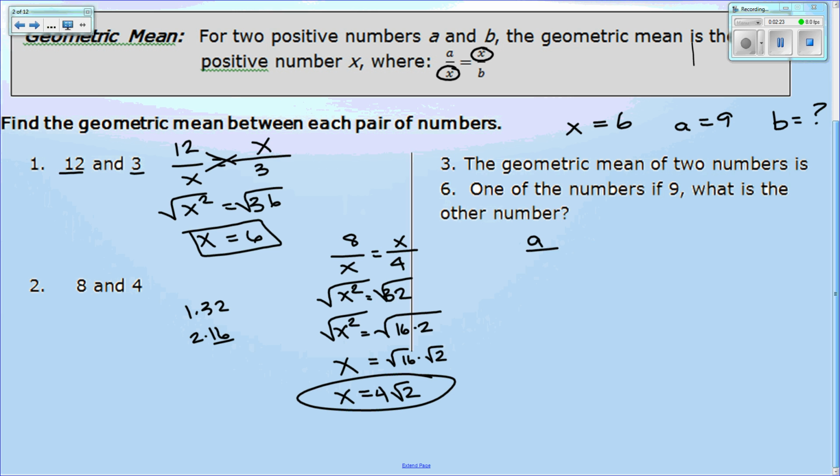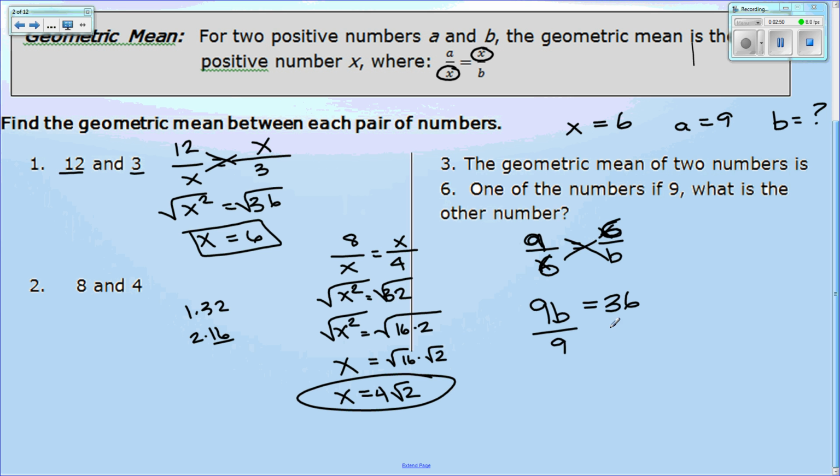So if you fill in this formula, A over x equals x over B, since our 6 is really our x, I'm going to replace the x's with 6's. My 9 is A, so that's a 9 now, and now I'm looking for B. So cross multiply. 9 times B is 6 times 6 is 36.